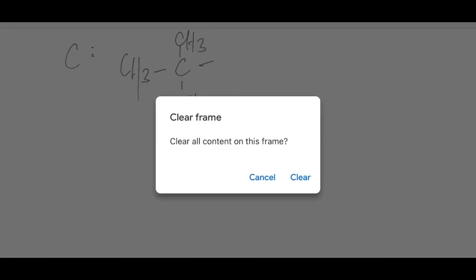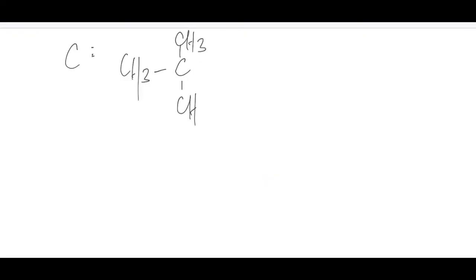Kita punya C boleh jadi macam ni lah. C can be CH3, C, CH3, CH3, CH3 here, sorry. This is CH3, this is C, CH double bond CH2.